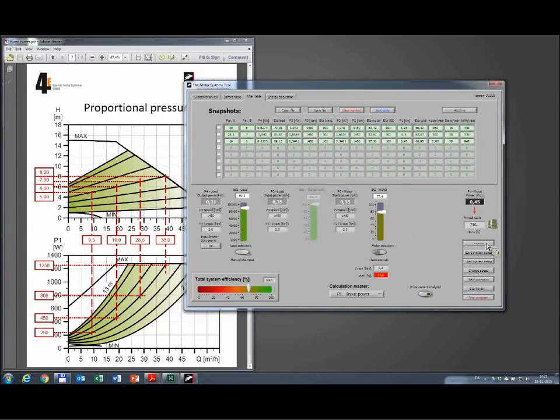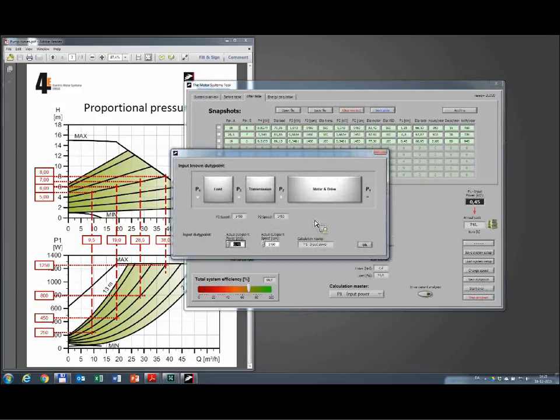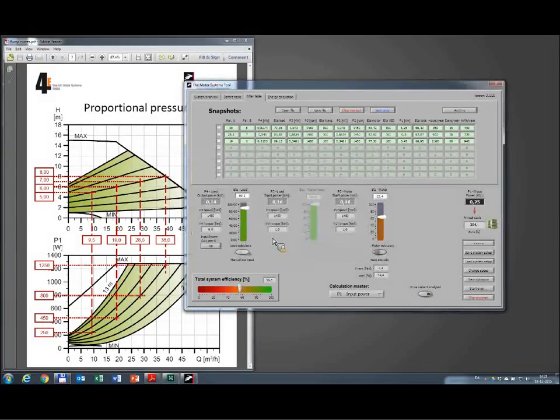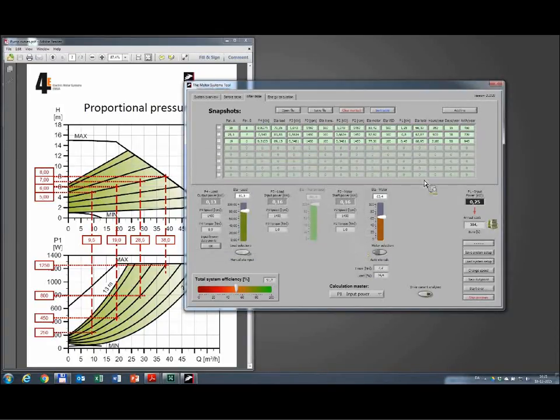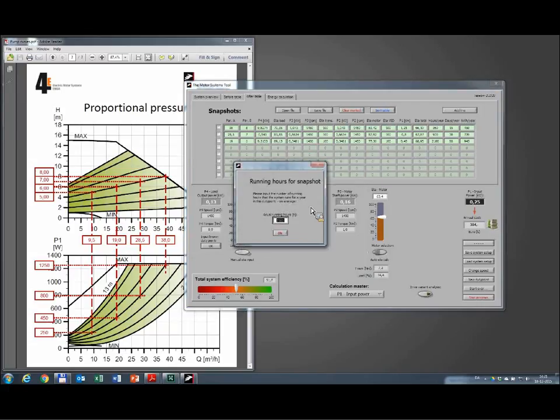And the last duty point in this case would be 0.25 kilowatts, and the hydraulic parameters in that case would be 5 meters of head and 9.5 cubic meters of flow. Okay, and we add the line, and in this case we have 2,640 hours in the fourth duty point.